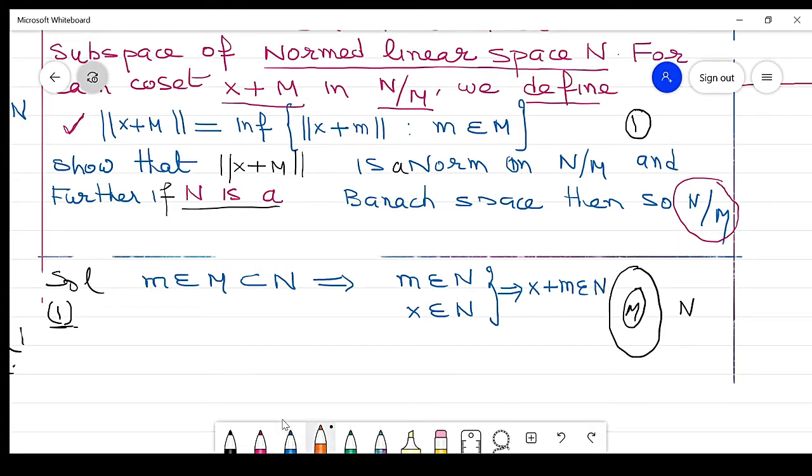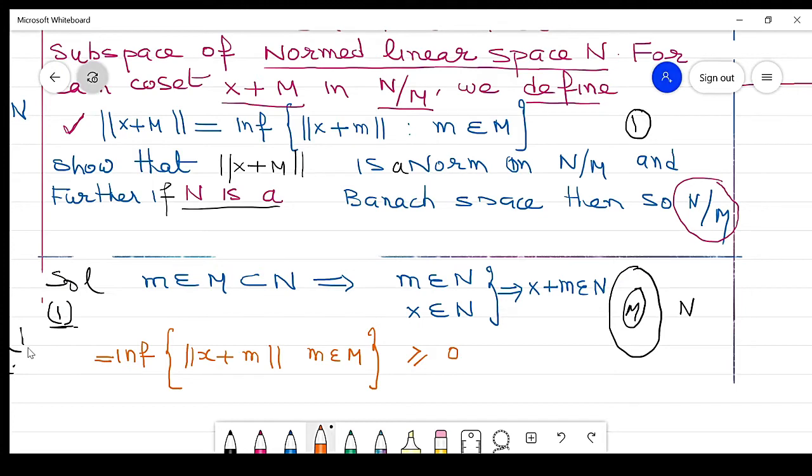So what is N? N is a normed linear space, so N is a vector space, and it is a normed space, so it satisfies all the properties of a norm. So by that result, the norm of x plus m is always greater than or equal to 0 for every m belongs to capital M. If this term is positive, then the set of all such values is positive, and the infimum of positive numbers is again positive.